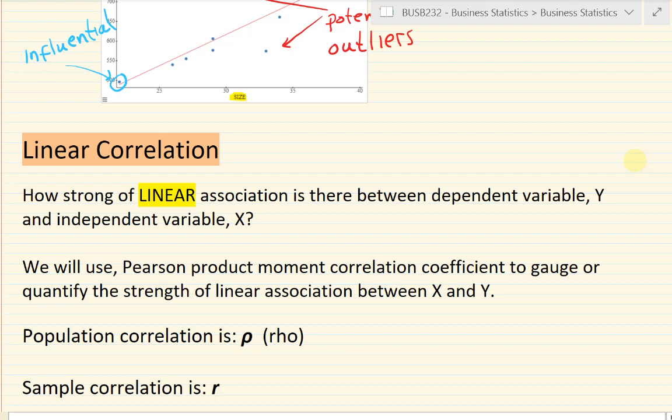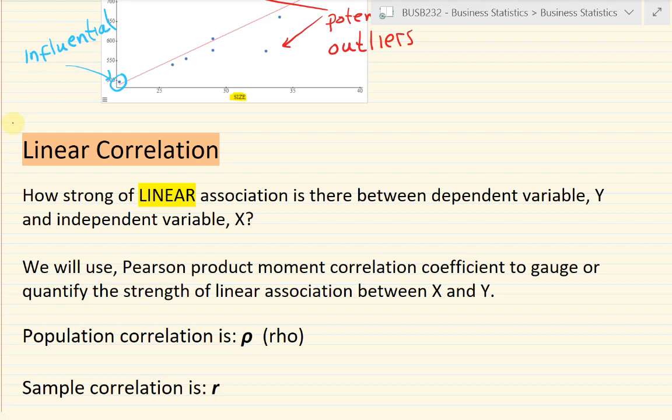Okay, so the idea of a linear correlation, by the way, the keyword, there's only two words, linear correlation. Both of them, to me, are keywords. But one that's really important is the first word, linear. In linear correlation, we're looking at the strength of linear association. It means a straight line between two variables.